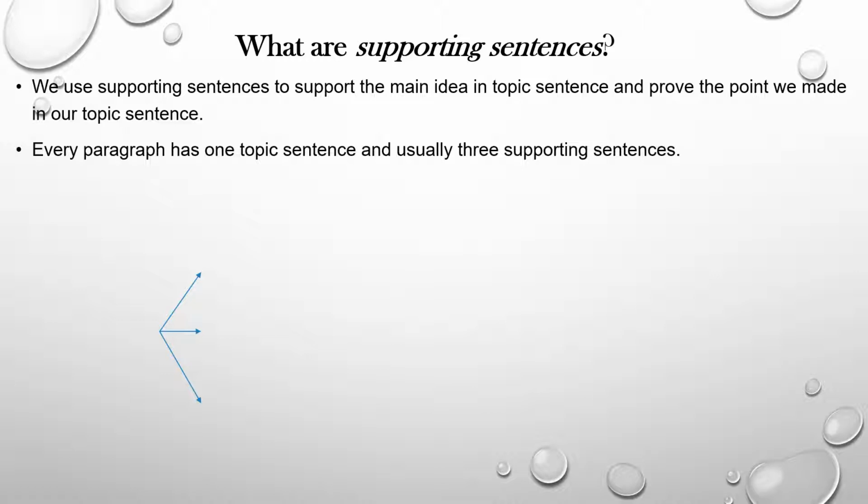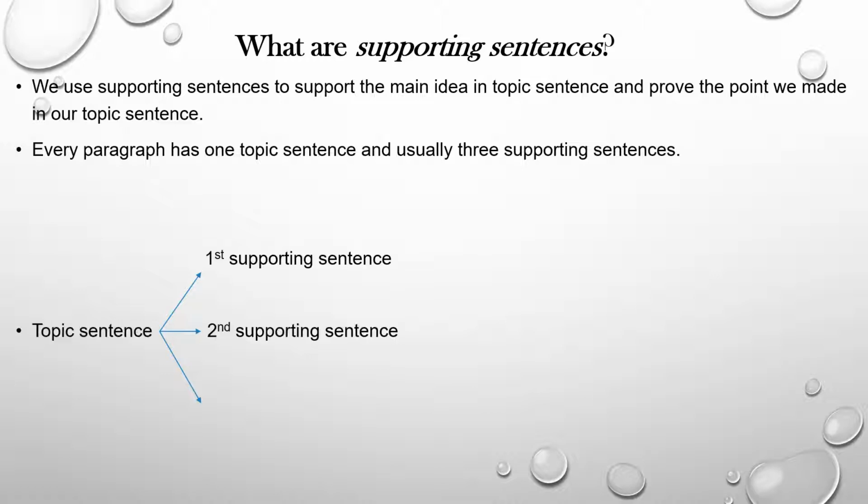And every paragraph has one topic sentence, that's for sure. And usually 3 supporting sentences. That's the usual number of supporting sentences we need in an academic paragraph, but it would be fine if you have 4 supporting sentences. That's also okay. So it's usually something between 3 to 4 supporting sentences.